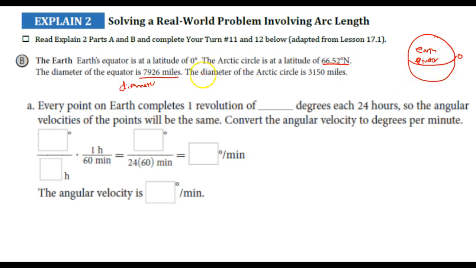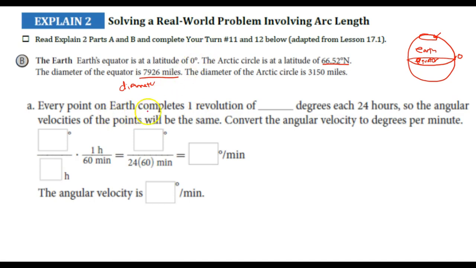Wow, okay. The diameter of the Arctic Circle is of course less than that. If you think of the equator as the middle piece, the Arctic Circle is going to be a little bit smaller, right? Actually, it's north, so it's probably going to be that piece, which is way smaller than the equator. Alright, with that being said, let's see what they want to know.